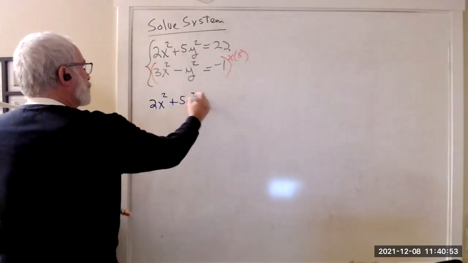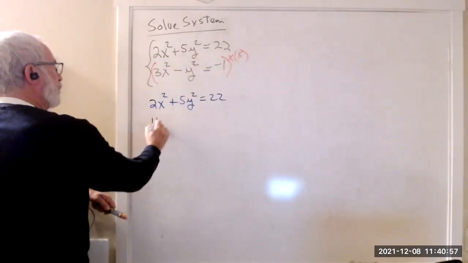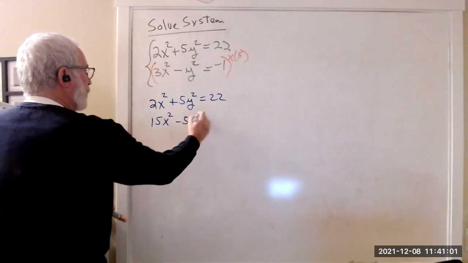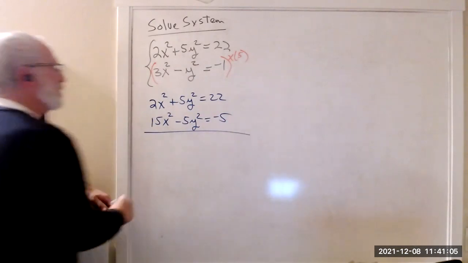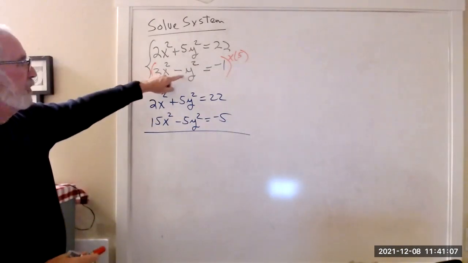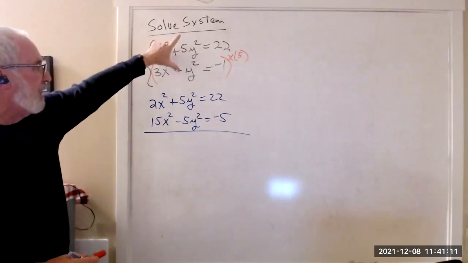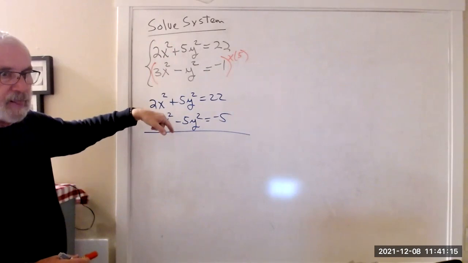I'm not going to change it. But the bottom equation is going to become 15x squared minus 5y squared equals -5. Because I noticed that if this were a -5 and this is a +5, if I added these two together, my y squareds would drop out.